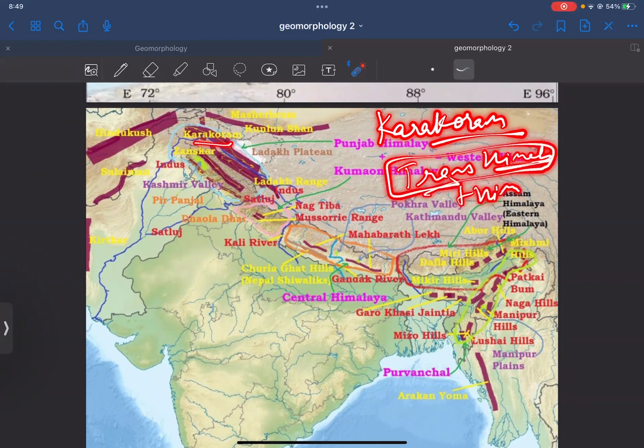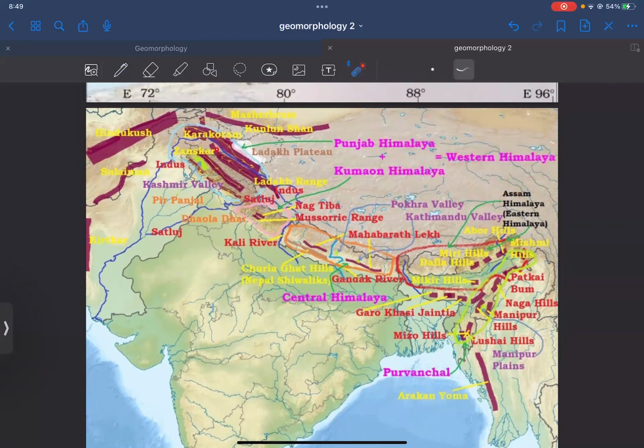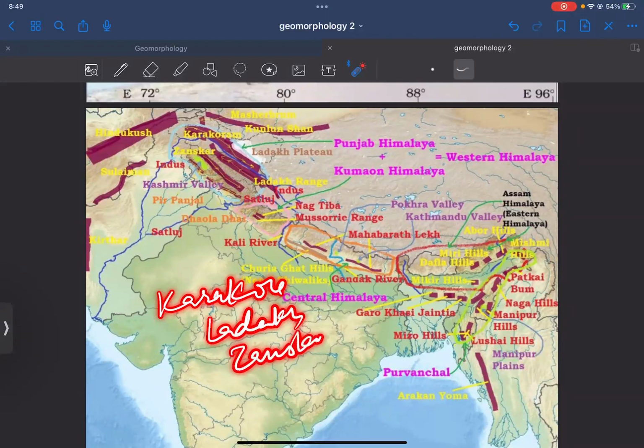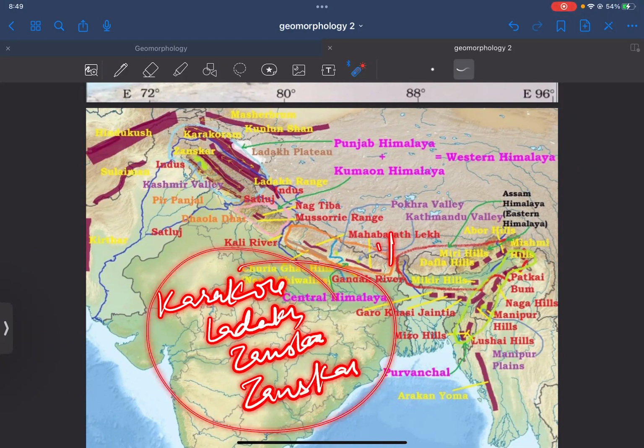So Trans-Himalaya consists of the Karakoram range, then the Ladakh range, and the Zaskar range. So these three ranges are part of Trans-Himalaya.